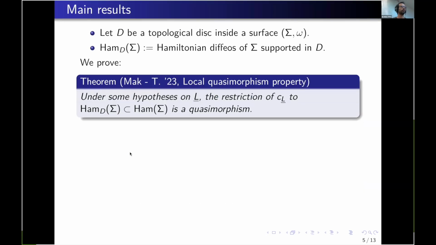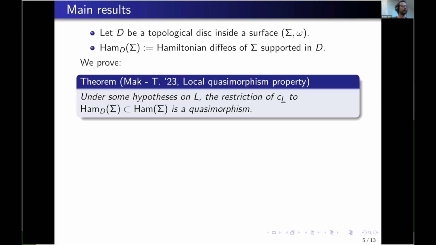So our main results with Cheuk Yu Mak are the following. We consider a topological disk D inside the surface sigma, and we denote by Ham sub D of sigma the set of Hamiltonian diffeomorphisms of sigma that are supported in D. Then we generalize their results to higher genus surfaces.